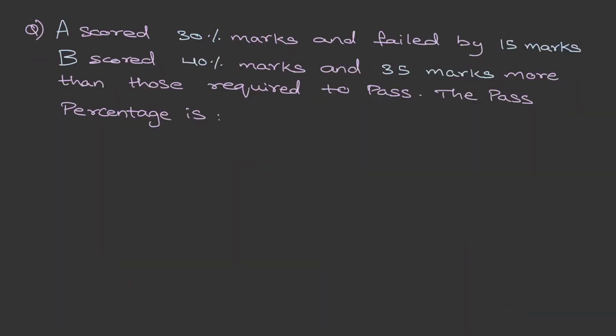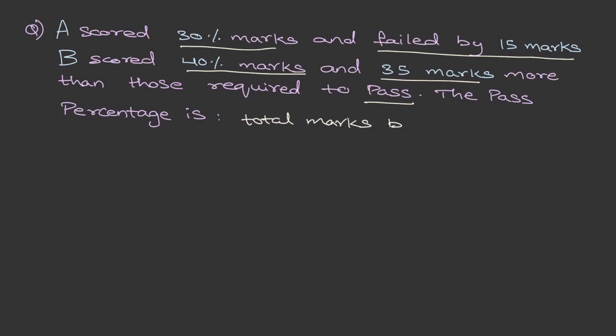In this question, it is given that A scored 30% marks but failed by 15 marks, and B scored 40% marks and got 35 marks more than pass marks. They asked us the pass percentage. Let total marks be X. And given A scored 30% marks and failed by 15 marks.